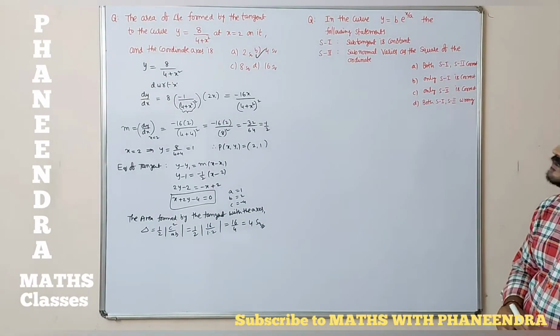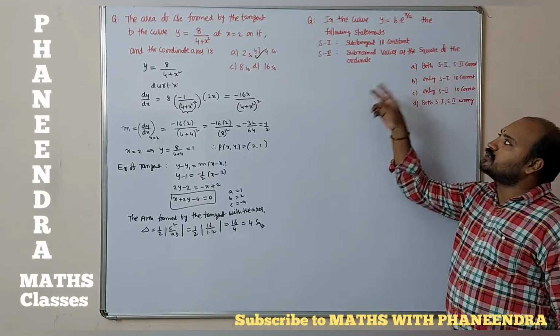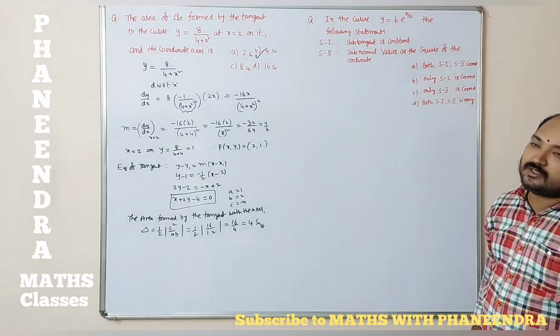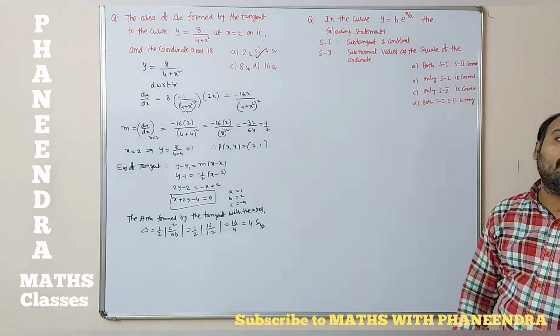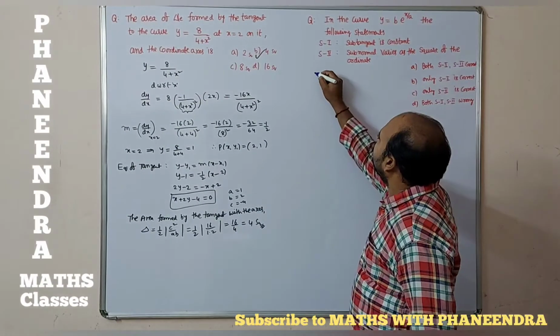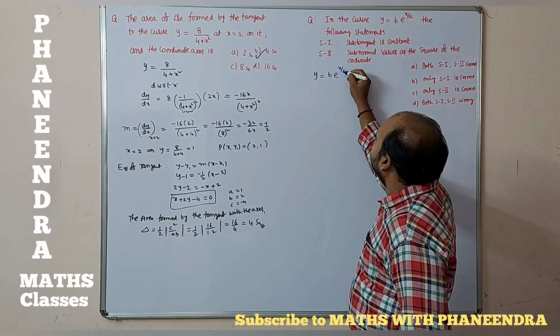In the curve y is equal to b e power x by a, consider the following statements. In statement 1, subtangent is constant. In statement 2, subnormal varies as the square of the ordinate. Ordinate means y coordinate. So first, take the given curve y equal to b e power x by a.